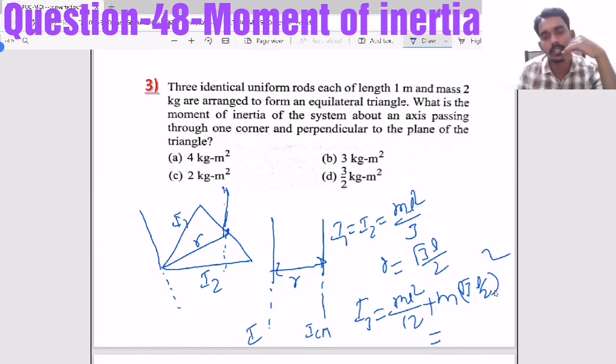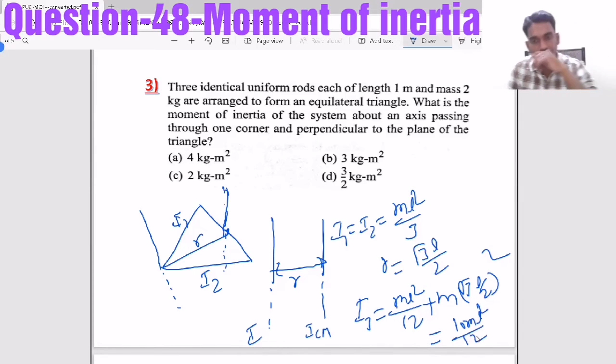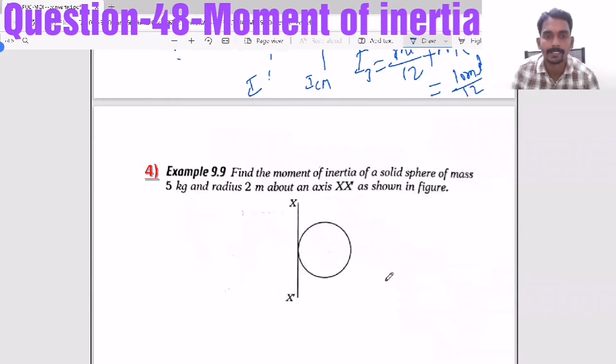If you solve this, then 10 ml square by 12 will come. If you add I1, I2, I3, you will get the total moment of inertia of the system, where you substitute L as 1 meter and M as 2 kg.